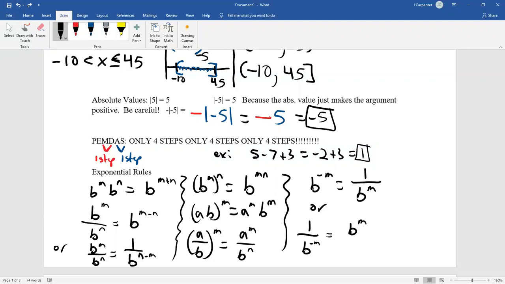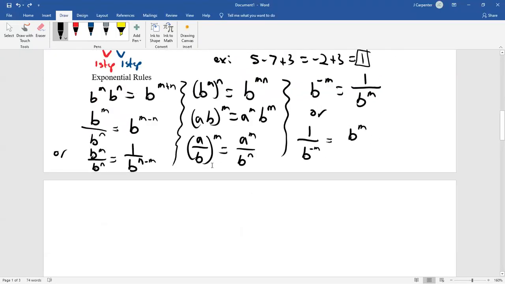All right. One thing to be very mindful of. What if we have -3 to the second versus (-3) to the second, but one of them has a parentheses and the other doesn't.